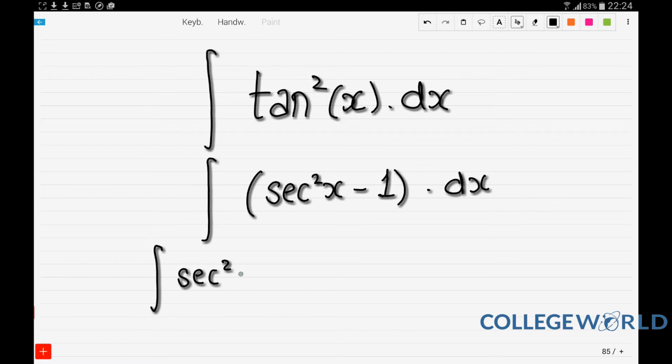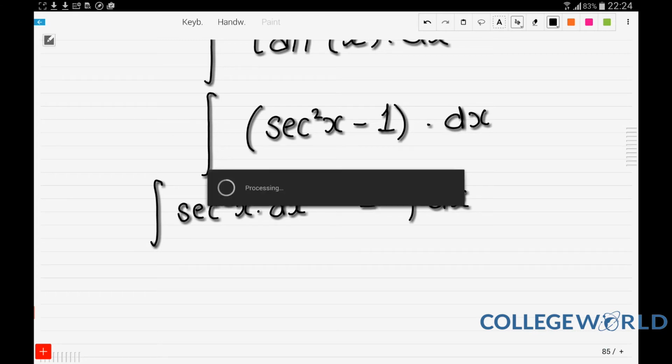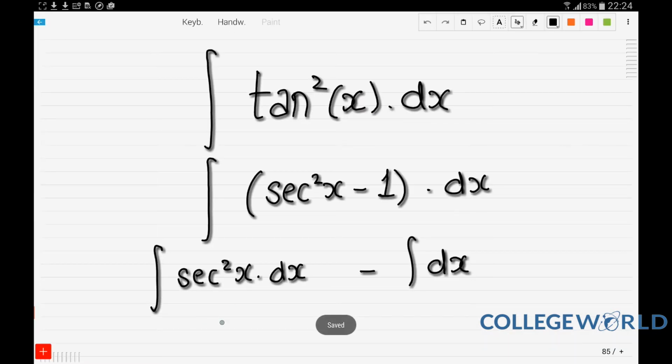So this will be the integral of sec squared x dx minus the integral of 1 dx. From our table, sec squared x integrates to tan x, and for 1, which is x to the power 0, we add 1 to the power and divide by 1, which gives minus x plus c.